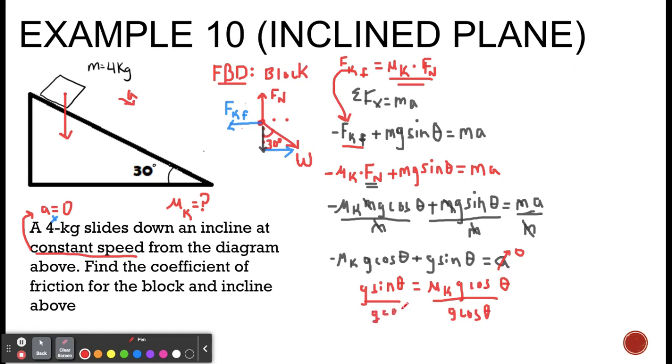Such a beautiful manipulation here. So mu is equal to sine over cosine, which is technically the tangent of theta. This manipulation just proves that mu is a constant value without units, because the tangent of an angle doesn't have units, it's a constant.